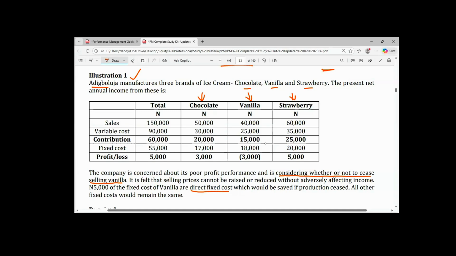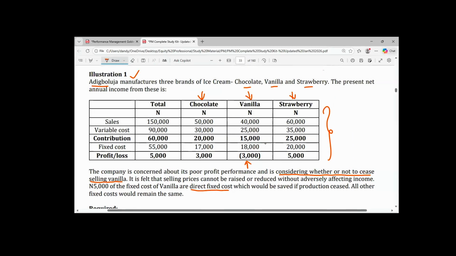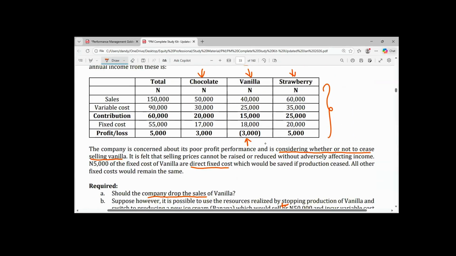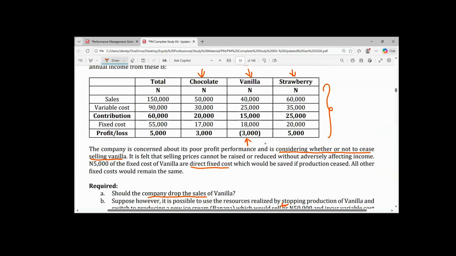When you look at the income statement given to you, you will notice that vanilla is operating at a loss of 3,000 naira. And that is why the company is thinking of dropping the sales of vanilla. Therefore, what are you supposed to do? What should be your advice?